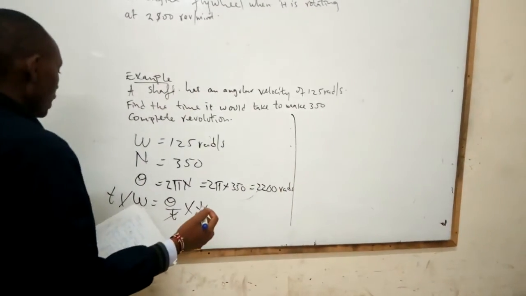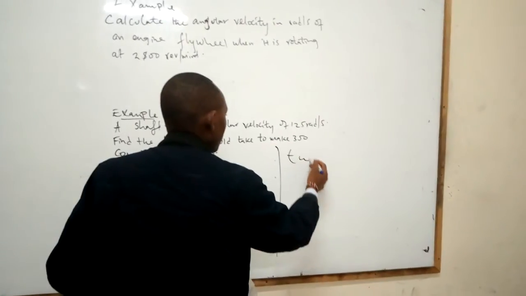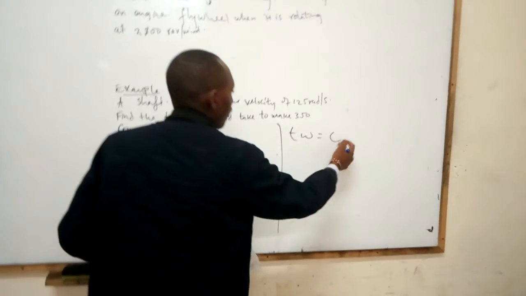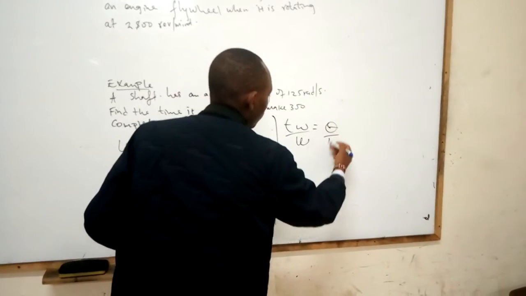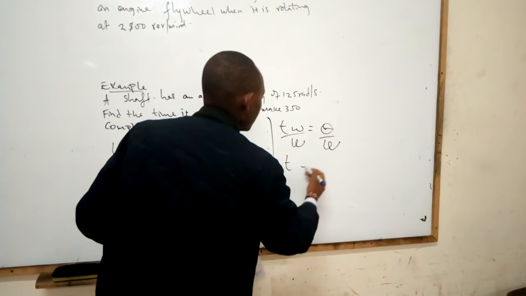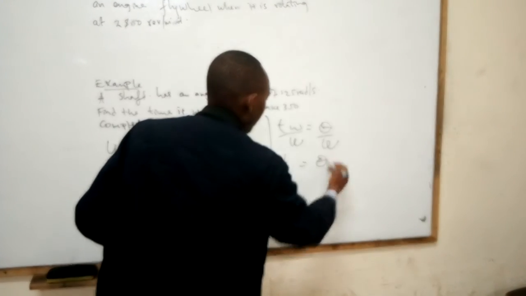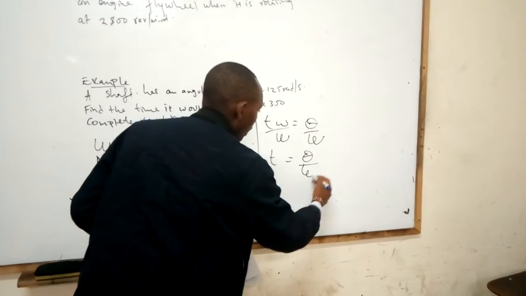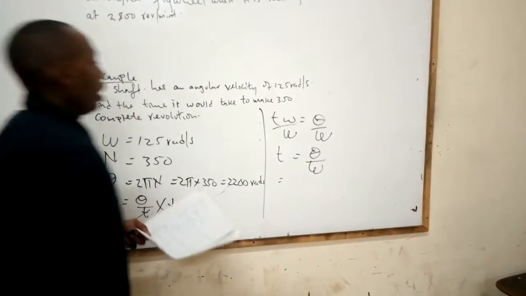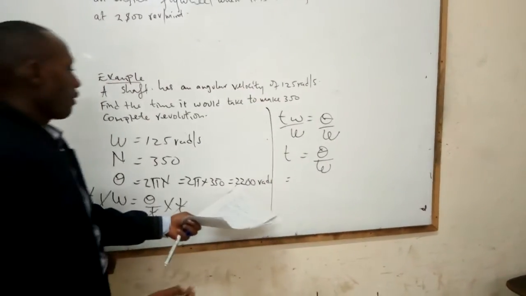Remember, we are making t the subject. T is equal to theta, the angle in radians, divided by omega.